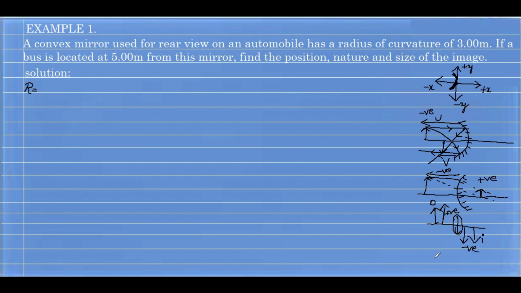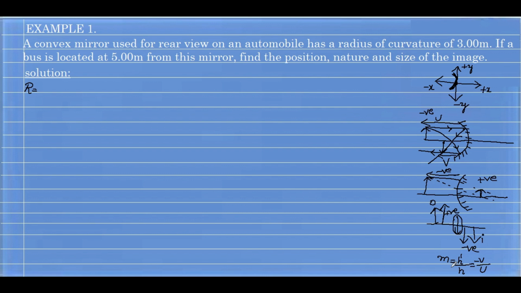One last thing is, in the case of finding out the magnification, we know the formula for magnification. Magnification m is equal to height of the image by height of the object, which is equal to minus v, image distance, by object distance u.